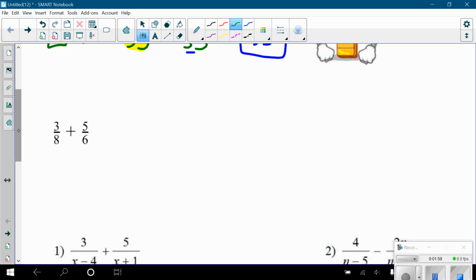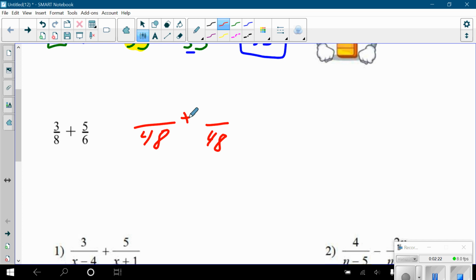Just multiplying the denominators is not always the least common denominator, though. If you look at this next example, you could just say, oh, the common denominator is 48. And if you were in fraction world, this would actually work out fine. It's not the best choice, but let's do it real quick.